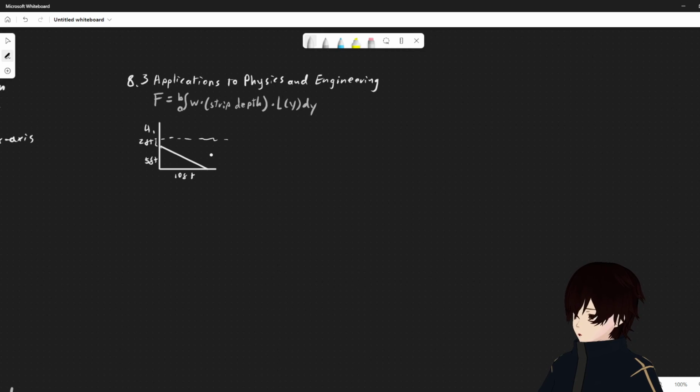And we want to find the hydrostatic force. I assume we need to find the hydrostatic force on this little piece of... what even this is made of. Just our triangle here. And it's going to be on one side, right? Not both sides.